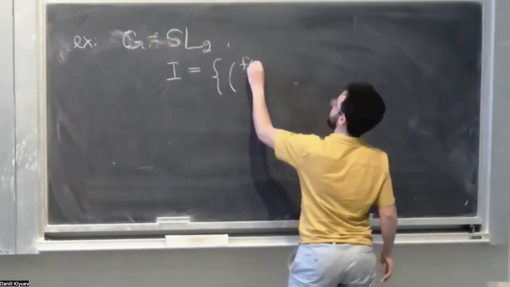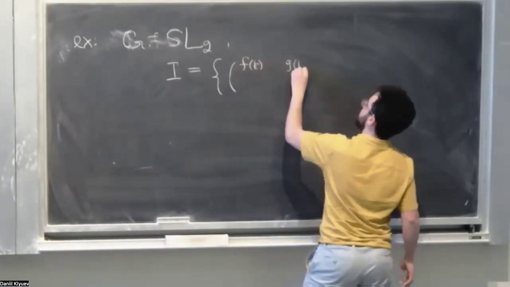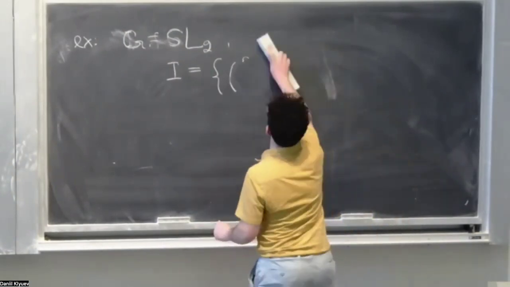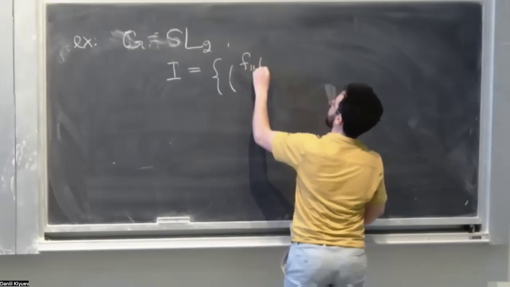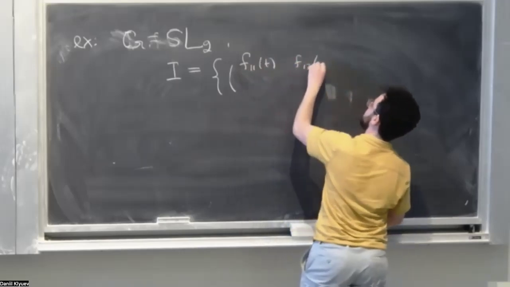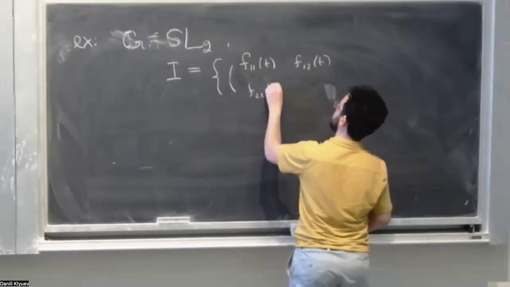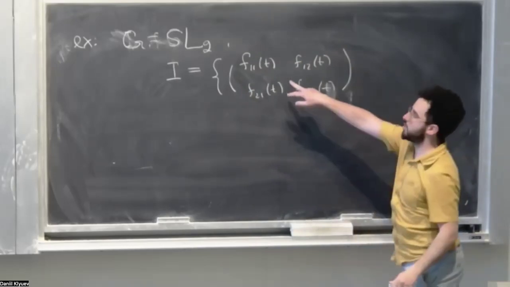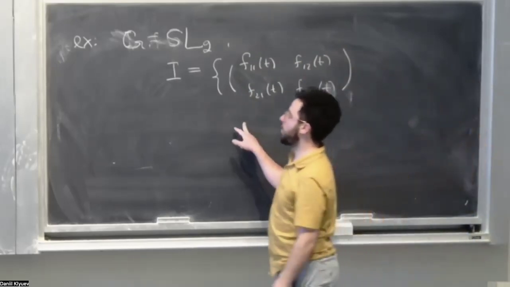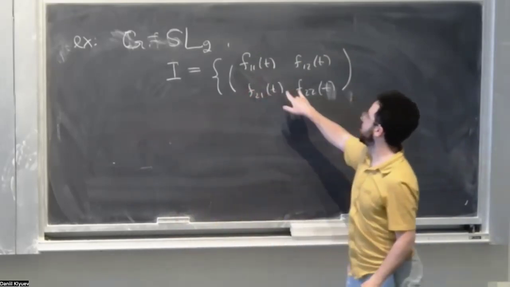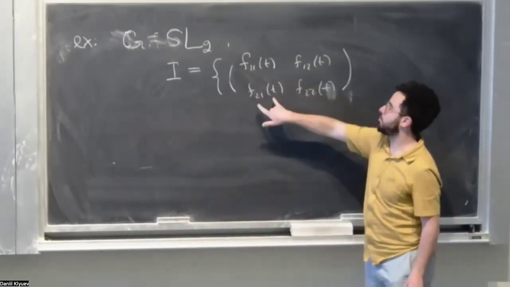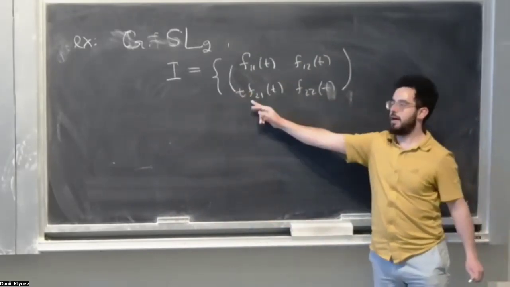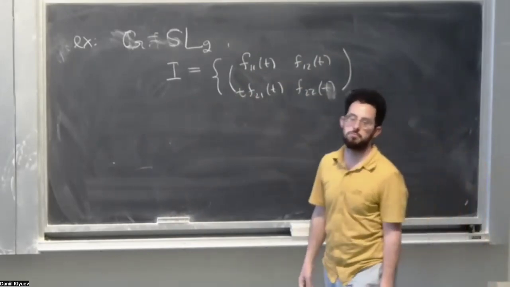We have power series F(t) with the condition about the determinant. And now we want that when we evaluate at 0, it is in B, so we want that to be 0. So it's everything just when we have T here. When you evaluate at 0, you get this.